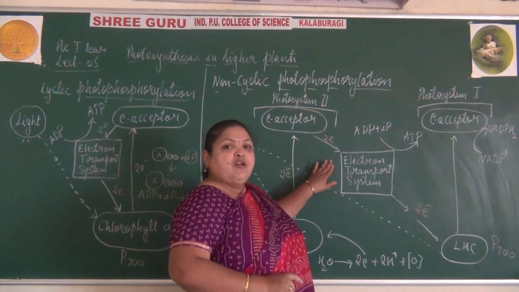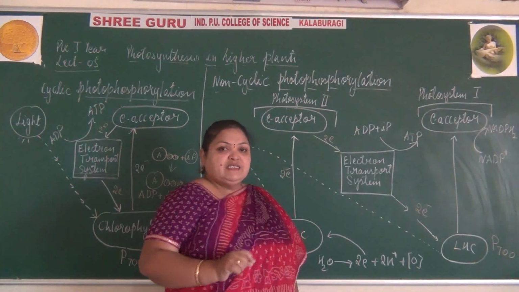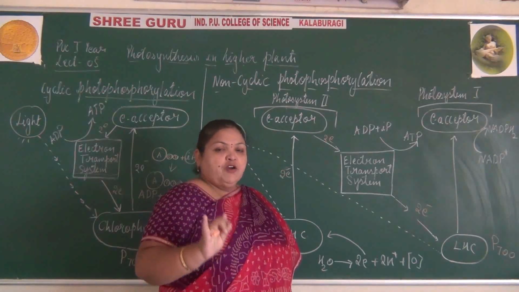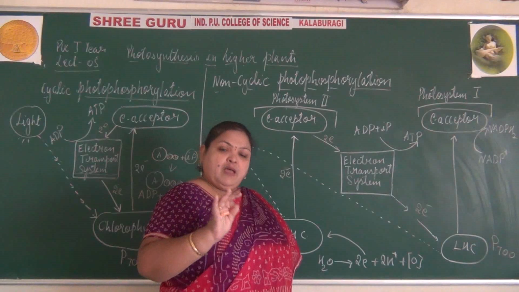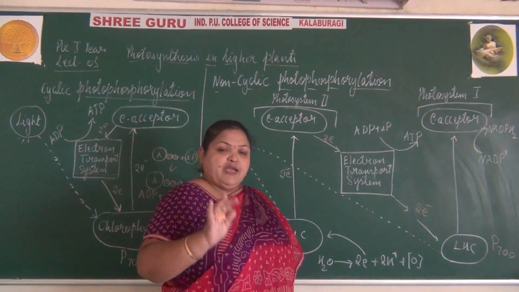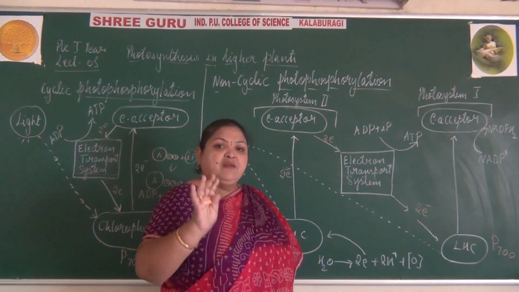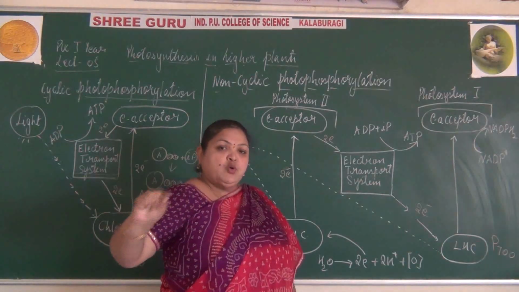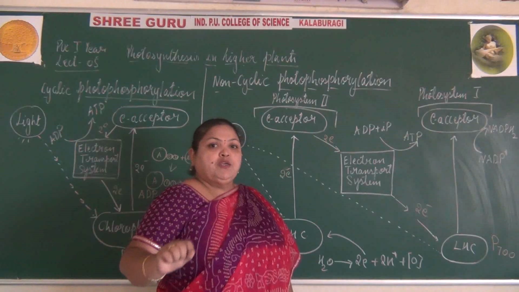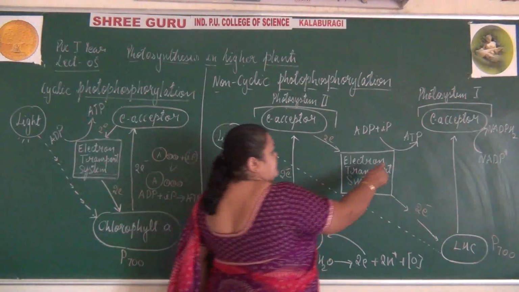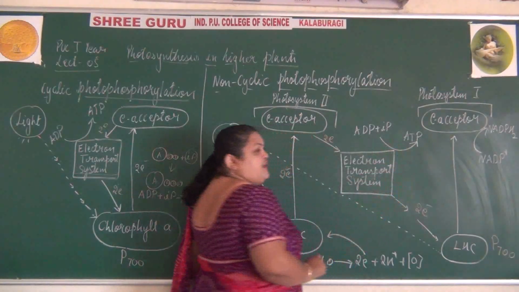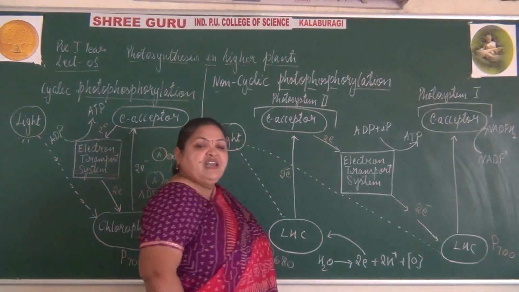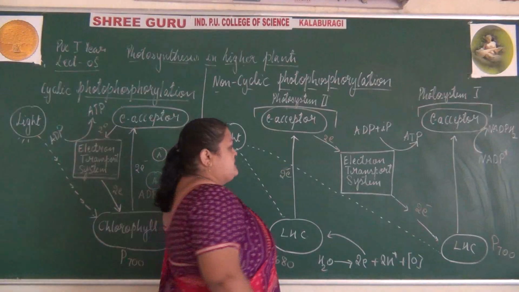In this electron transport system, as I said, there are plastoquinone, ferredoxin, cytochrome complexes, and plastocyanin. So these electrons pass through all these molecules, and ultimately there is synthesis of ATP molecules with the help of electrons released by the primary acceptor.